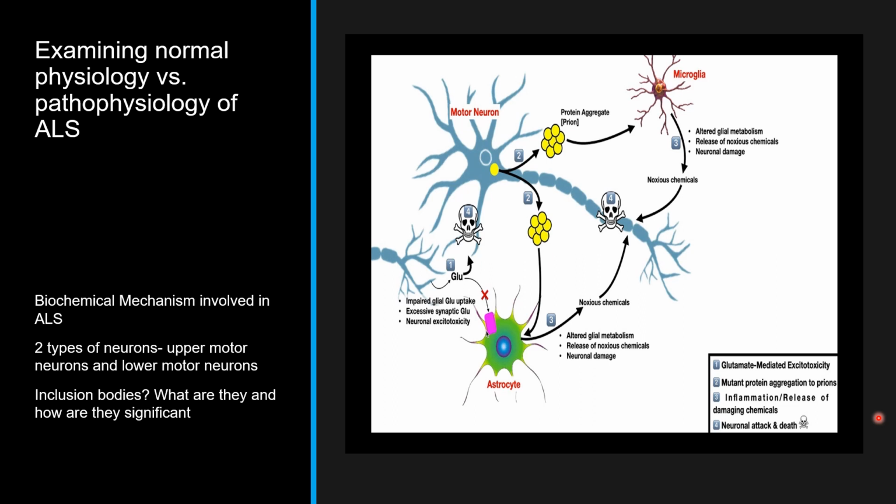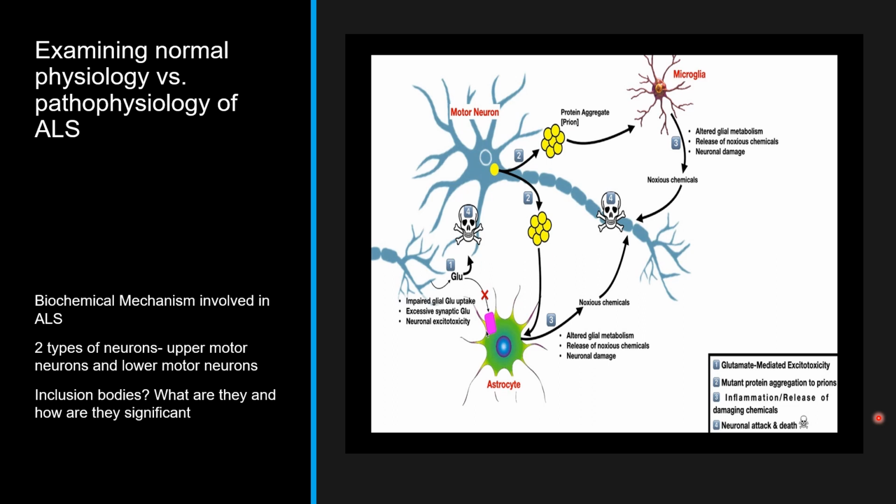Then the neuron's axon gets attacked by these chemicals, which leads to death of the neuron. In the same way, these prions can attack astrocytes, which will also release noxious chemicals, which activate the inflammatory response and also damage motor neurons.